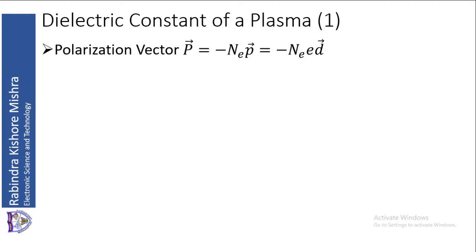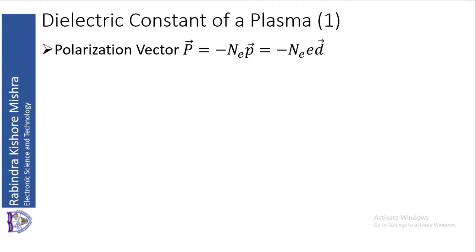The polarization vector, as we have already discussed, P is equal to Ne into little p. What is little p? It is the polarization. Polarization is e into d, where d is the average separation between the electron and the positively charged ion.